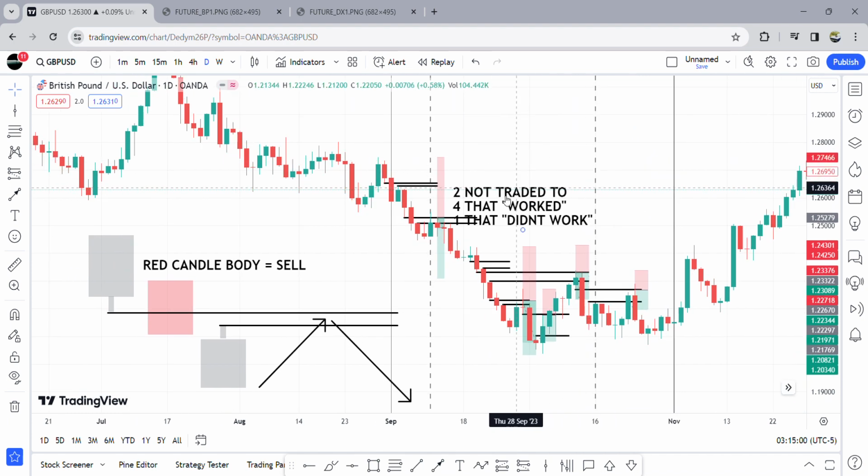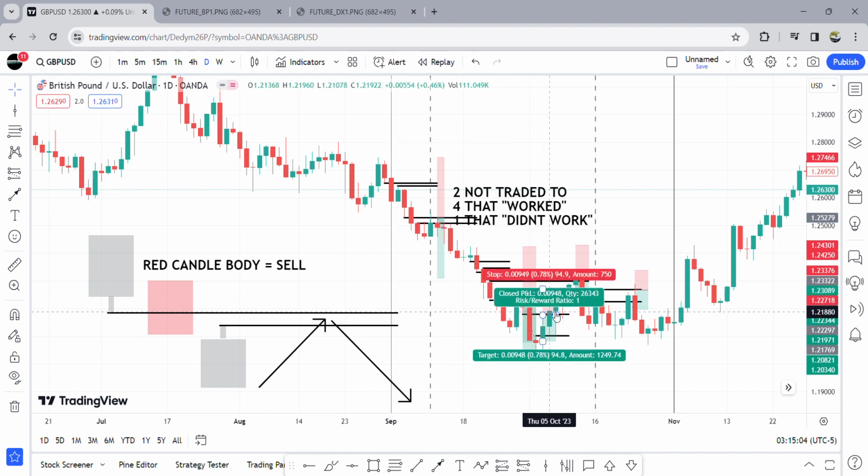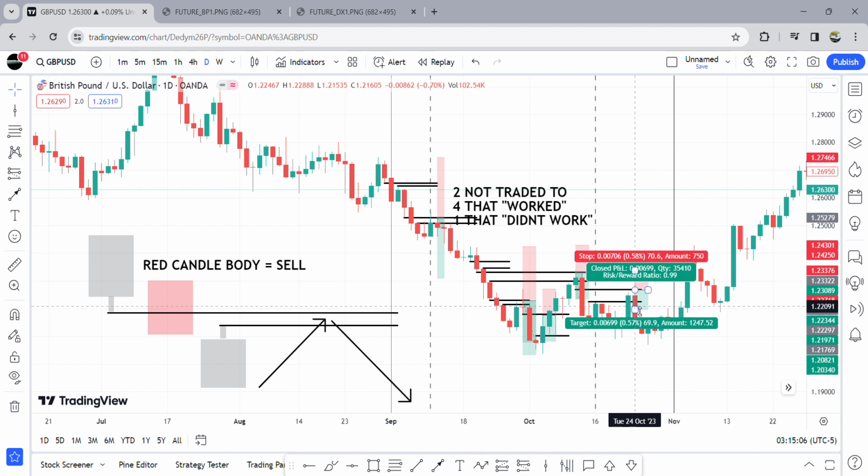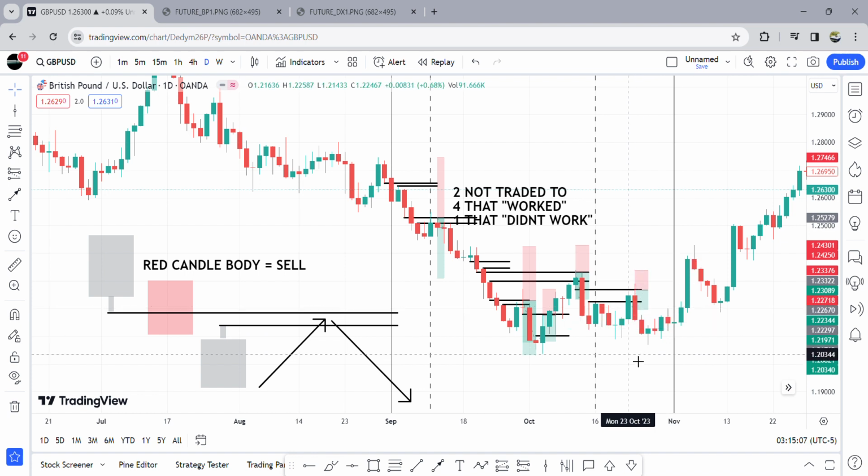But for this we've had what, 1, 2, 3, 4 winners. No, sorry, 3 winners, 2 losers. So we're at 60%, which is enough to be profitable on a 1 to 1 strategy with high enough frequency.